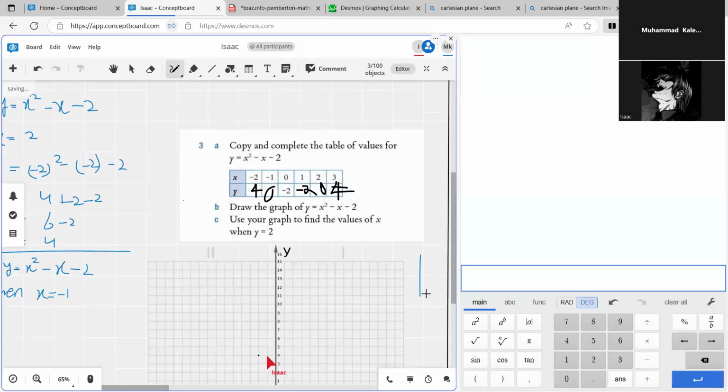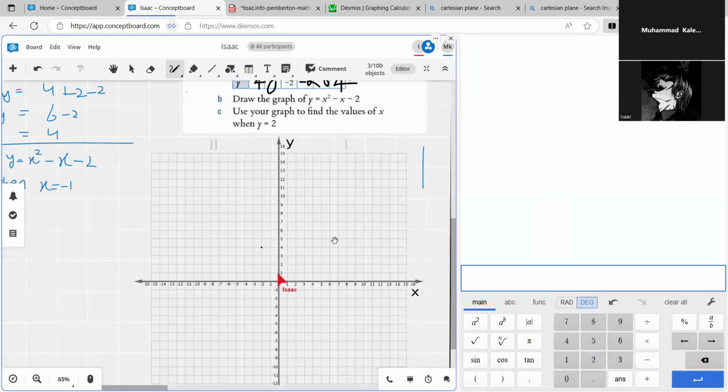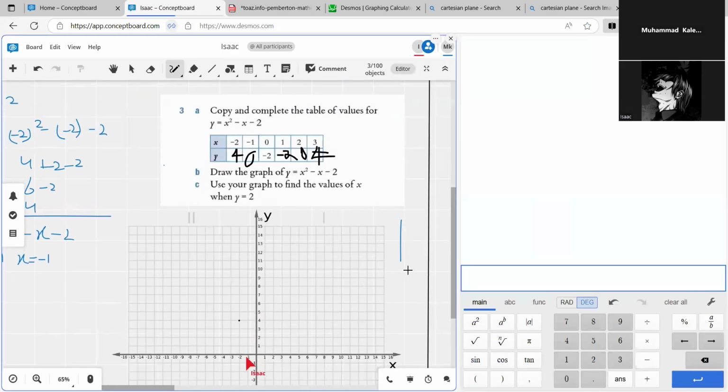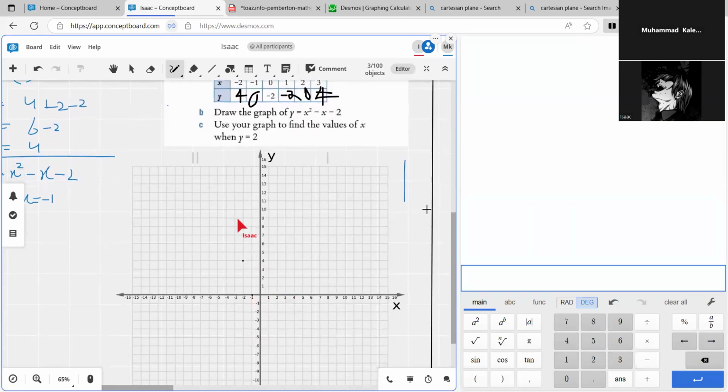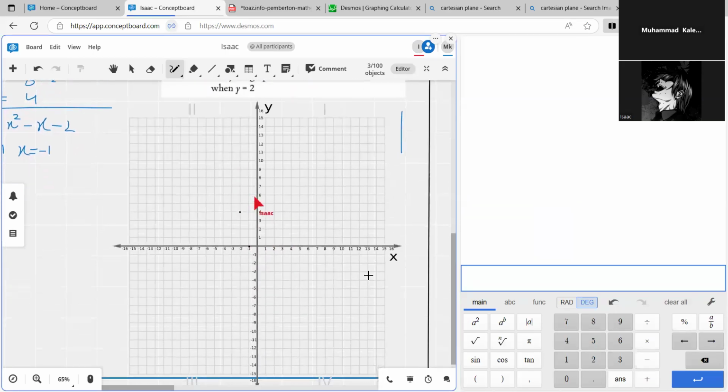Okay, now you just have to mark these points. Yeah, you already got them: -2 and 4, -1 and 0, 0 and -2. No, no, no. Y is -2.